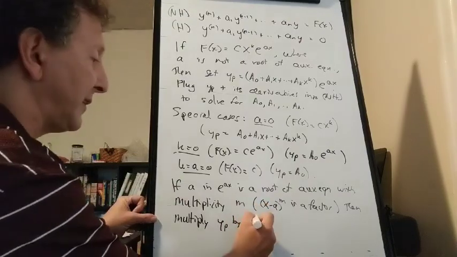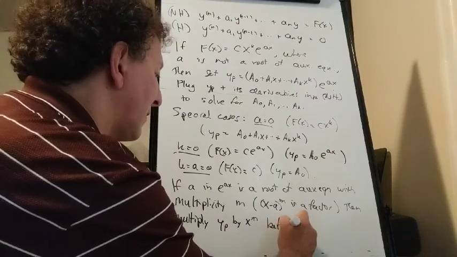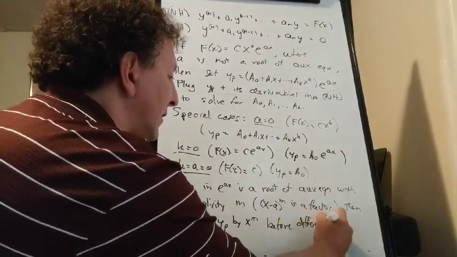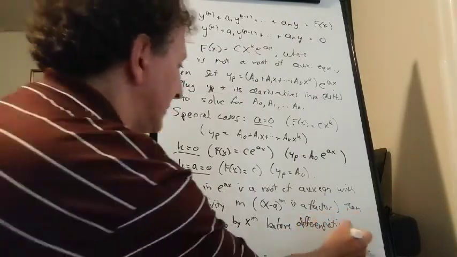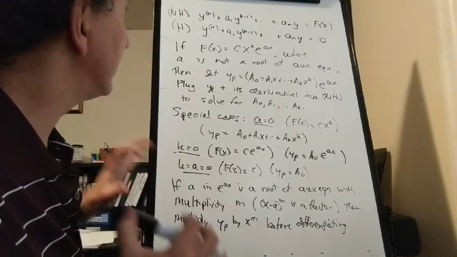So multiply by x to the m, where m is the multiplicity. We do that before differentiating. All right, so let's do some examples.